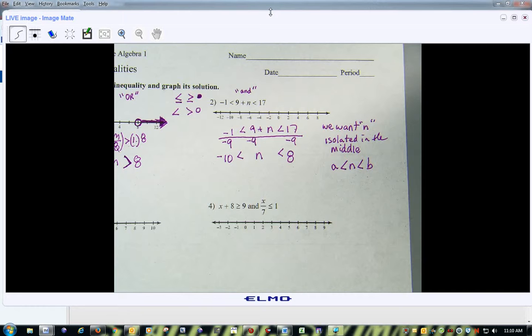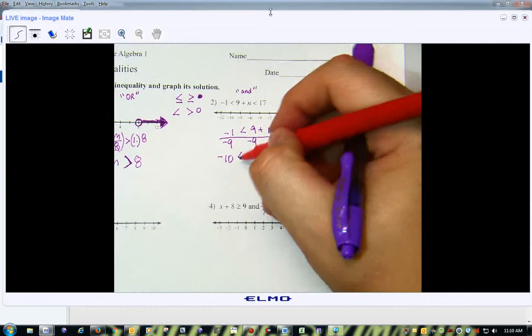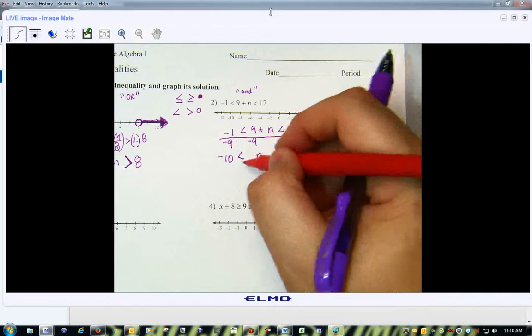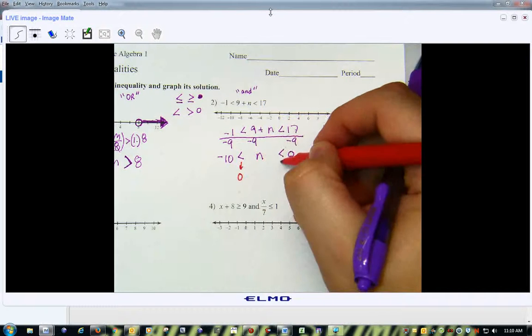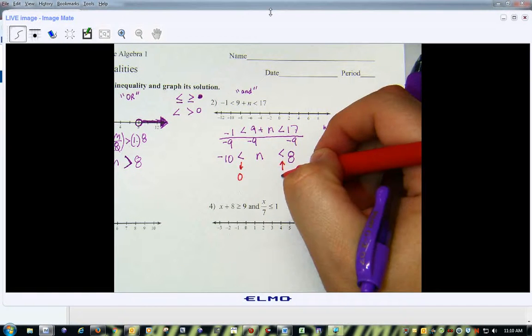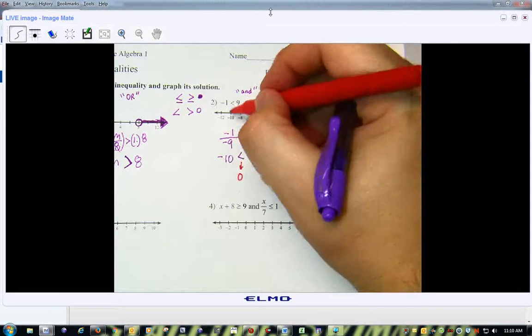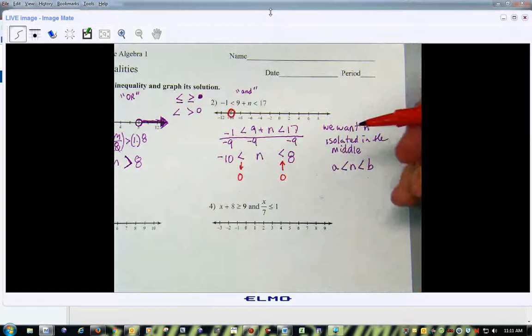Am I going to get an open or closed dot for the less than? Yeah, that's an open dot. What about for this guy? Open. So I go to negative 10, I put an open dot. I go to 8, I put an open dot.